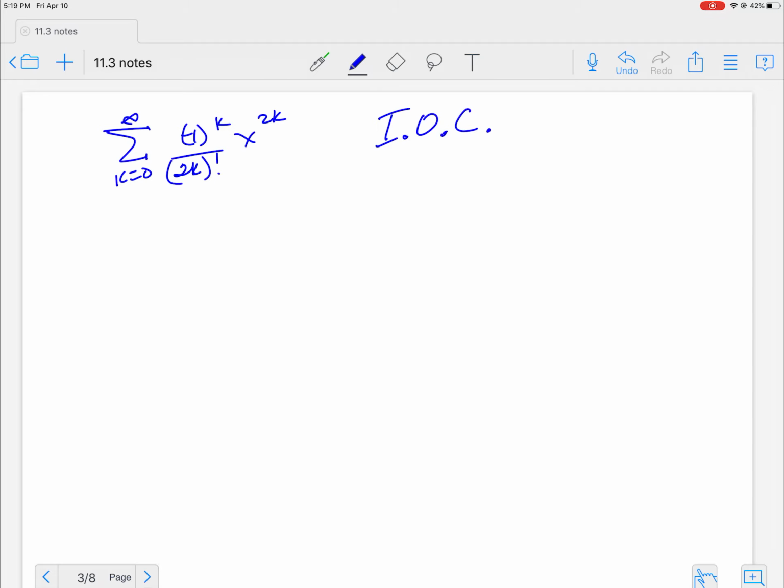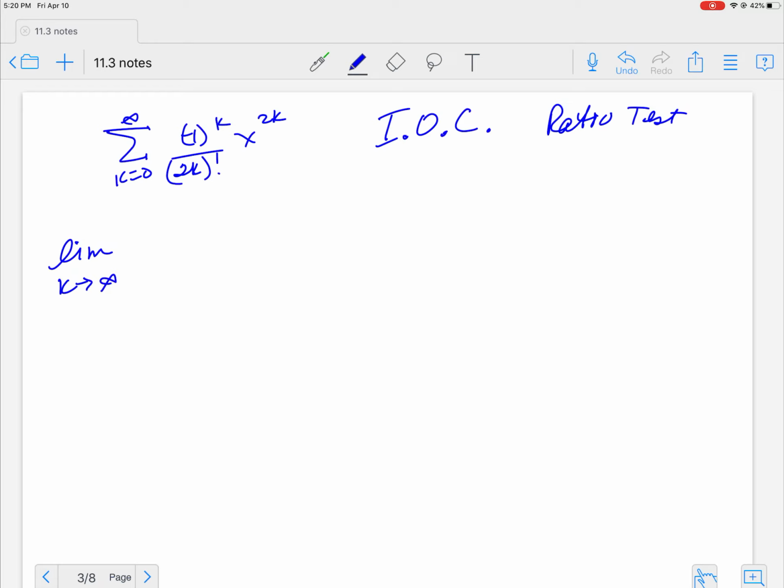How do I find it here? Yes, we're back to that same thing that we did. We're kind of combining the first two sections in this chapter to work it all together for our Taylor series. Because I have a factorial, I know that I'm going to be using the ratio test. Well, let's do it right now.